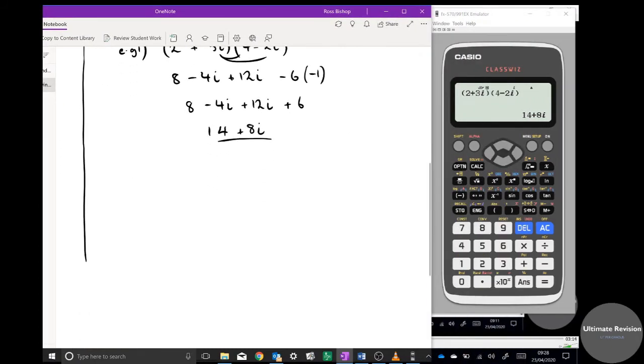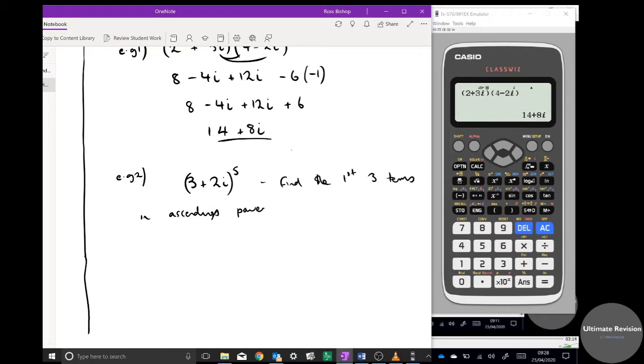We're going to do another example now. Example 2: we've got (3 + 2i) to the power of 5, and it might be find the first 3 terms in ascending powers of i.